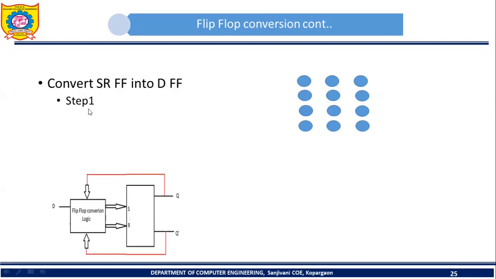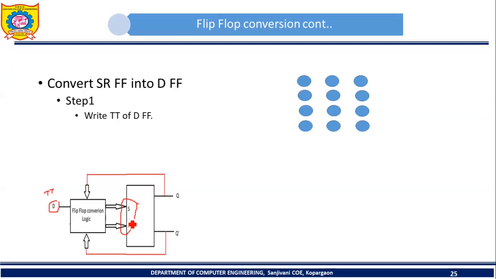So let's see step number 1. Step number 1 is to write the truth table of D flip-flop. We are given SR flip-flop and we want to convert it into D flip-flop. So here we will require two tables: the truth table of D flip-flop, and the excitation table of this second flip-flop, that is SR flip-flop.